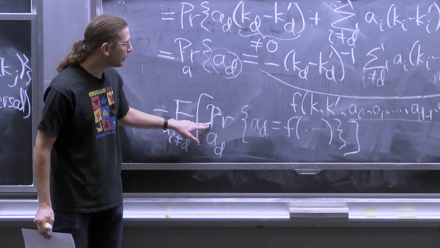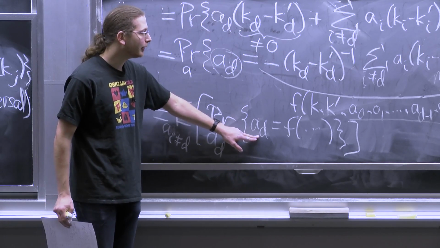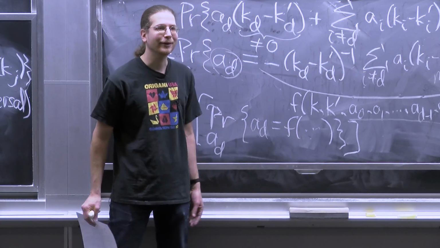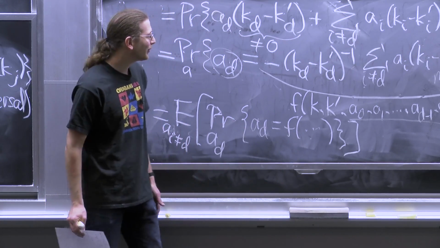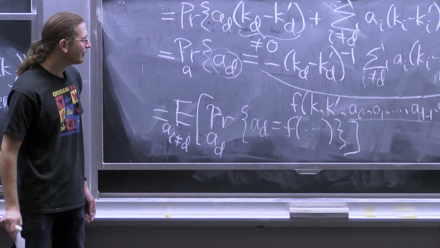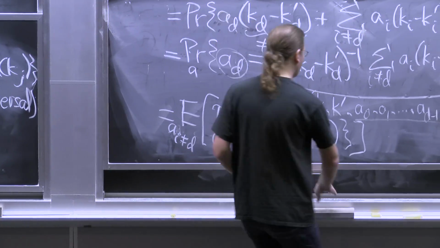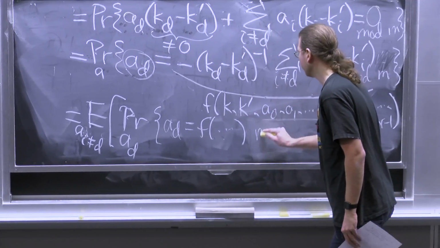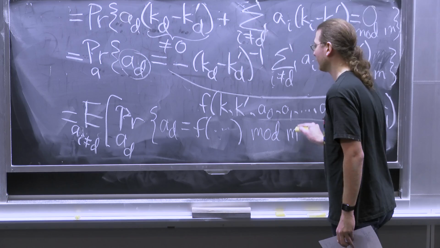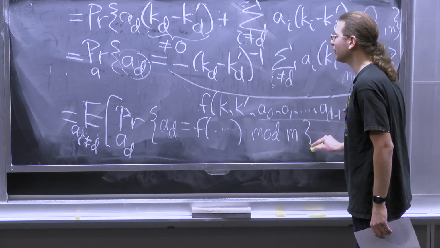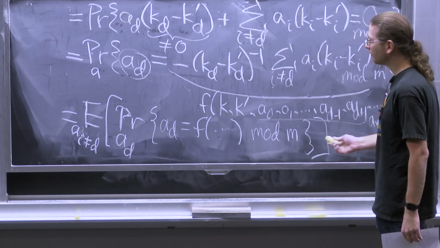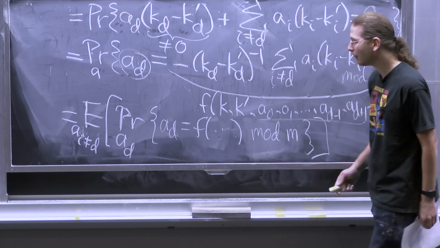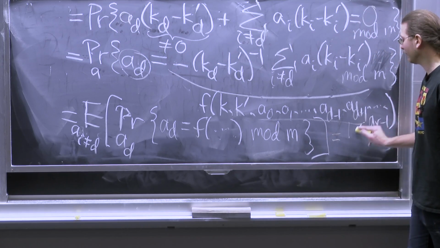But this is the probability of a uniformly random number equaling something. That would be pretty unlikely, 1 over u. But this is all working modulo m. So if I just take a uniformly random integer, the chance of it hitting any particular value mod m is 1 over m.